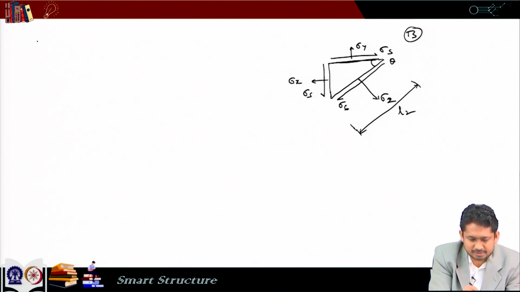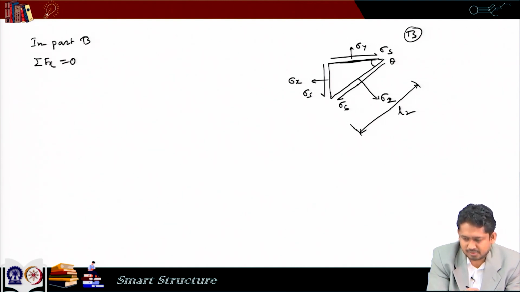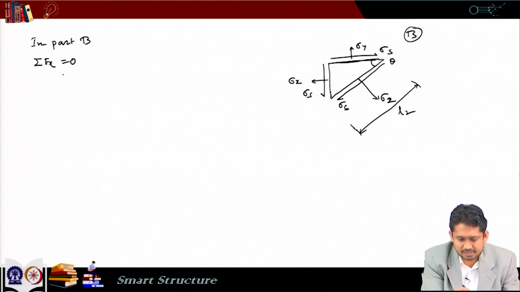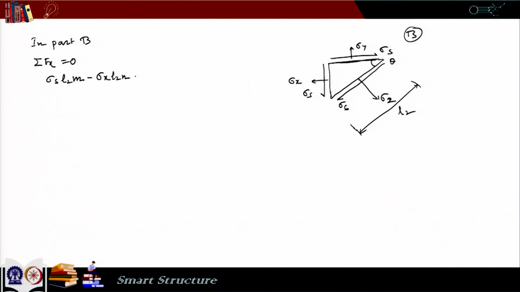So, if we again apply summation of all the forces along x equal to 0, that gives us this equation: sigma s multiplied by L2 m minus sigma x L2 n, and then plus sigma 2 L2 n minus sigma 6 L2 m equal to 0.